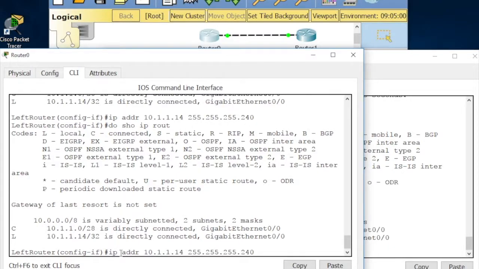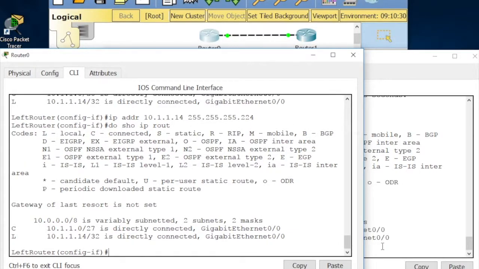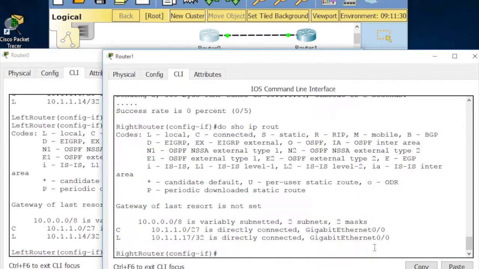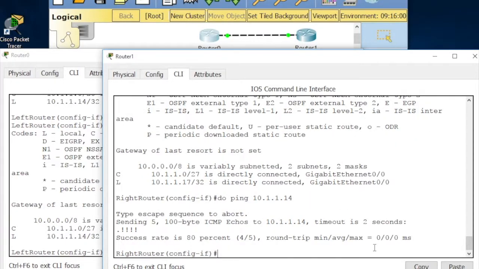So let's change that address to 224. Do a show ip route. That looks better. Let's see if I can ping now. And there we are able to ping.